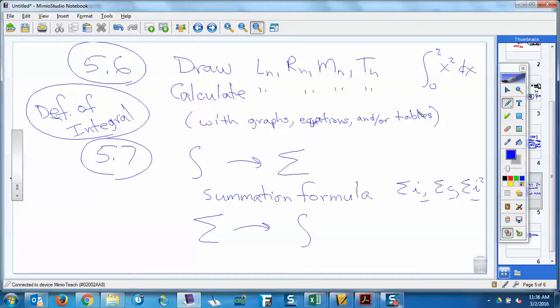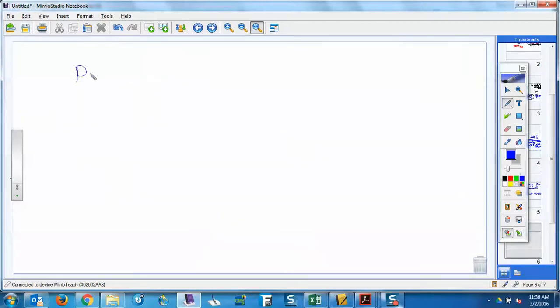So for homework, there is kind of a review page in this section, so I tried to pull some problems together that would be good review.